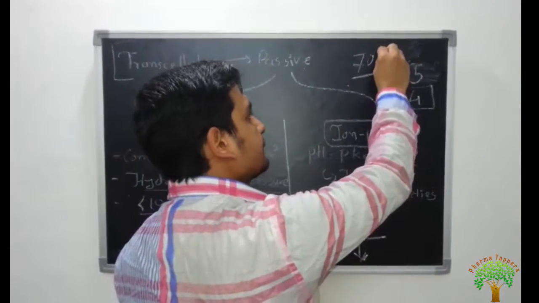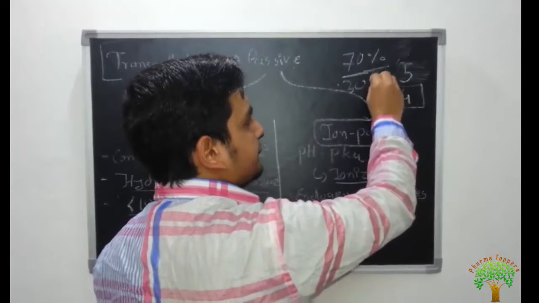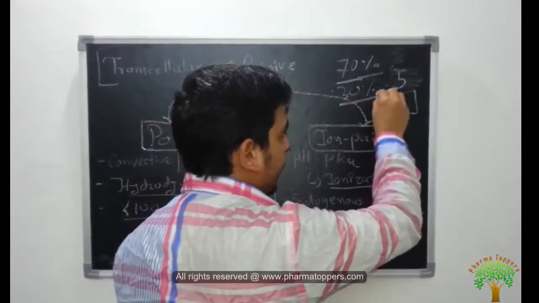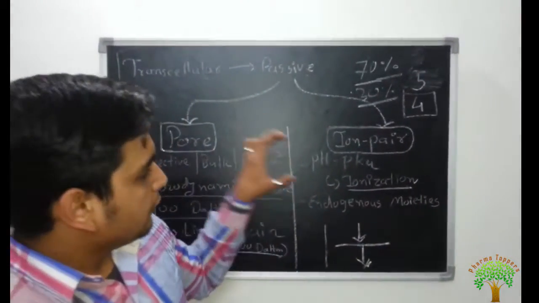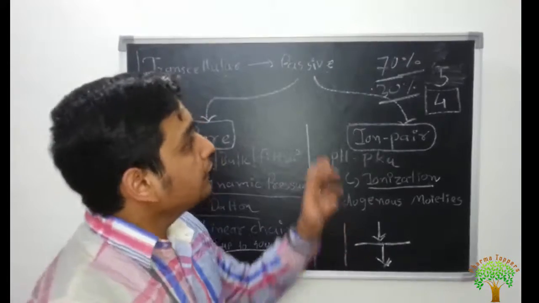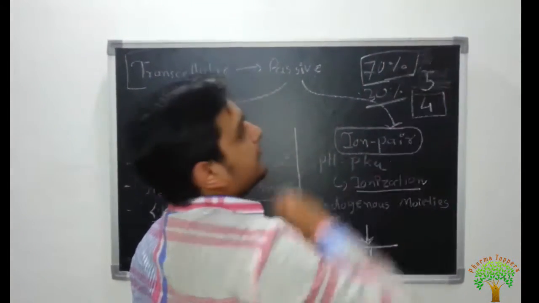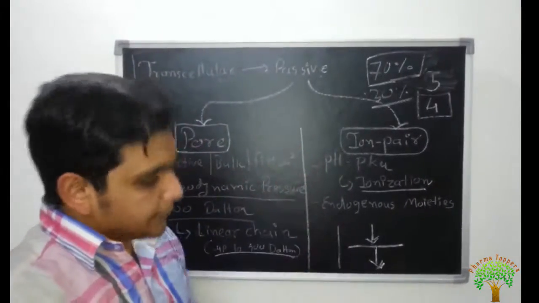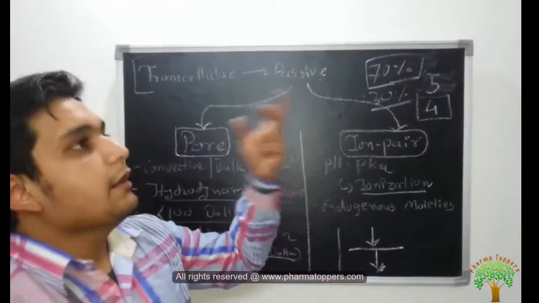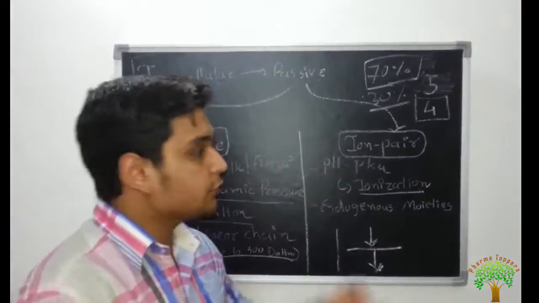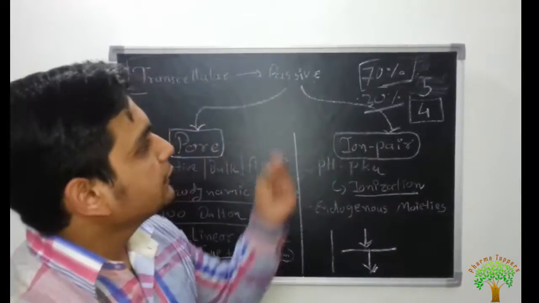Suppose 70 percent is in ionized form and 30 percent will be unionized. Now this unionized part, having some solubility, will go for the transport. But what happens to the 70 percent which is ionized? The drug has its absorption window in the stomach and is taken after food.